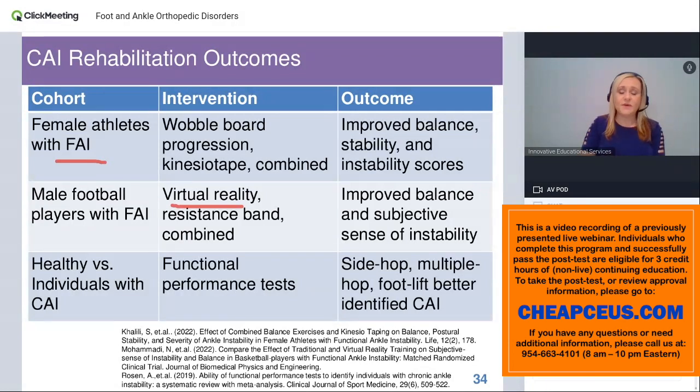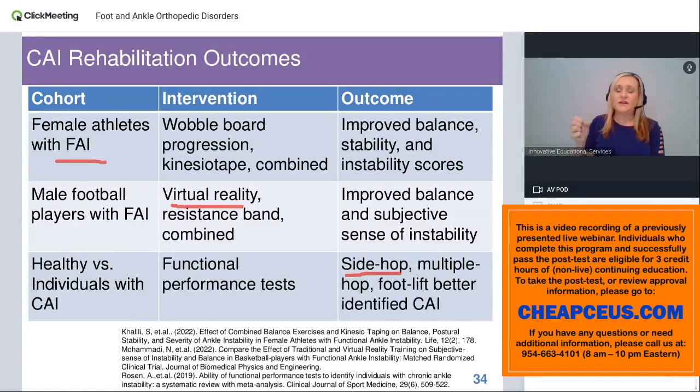Looking at large systematic reviews, there was moderate to strong evidence coming out of this study from the University of Nebraska that specifically the side hop test, because this is going to be a greater frontal plane challenge and challenge those peroneal muscles more.